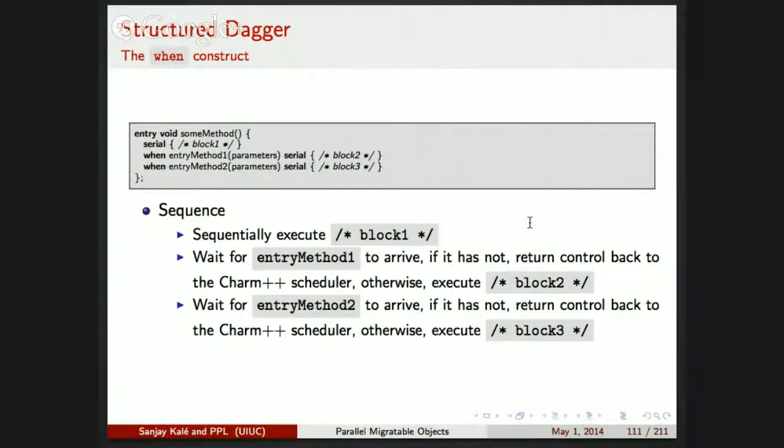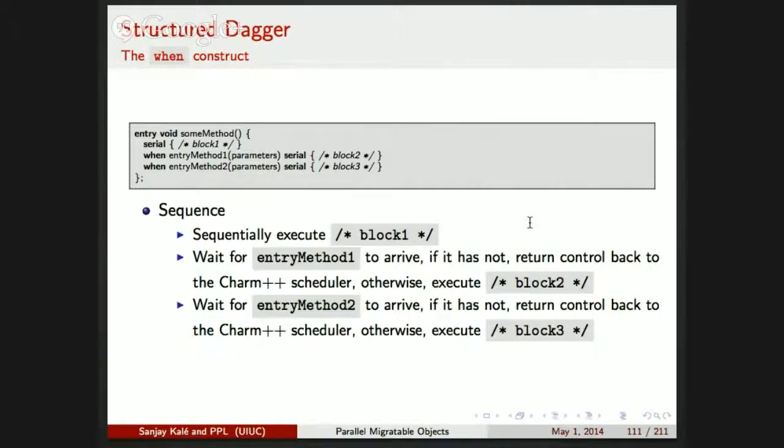Imagine that any entry method, SDAG or not, is essentially a receive operation by that object for a particular kind of message that matches that method. Normally those receive operations are a wildcard for the whole object, and the runtime system is just going to pick one and give you a message that fires one off. This says, for this particular kind of method, I'm going to post blocking receives.